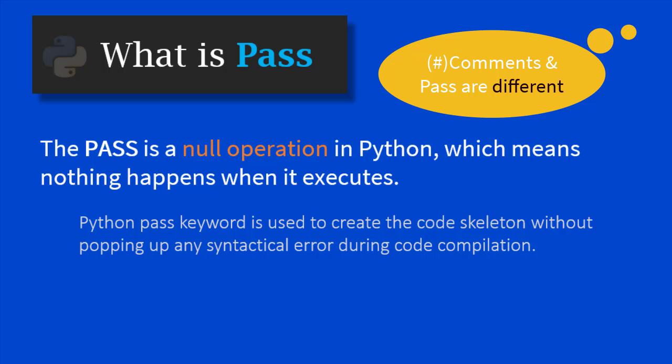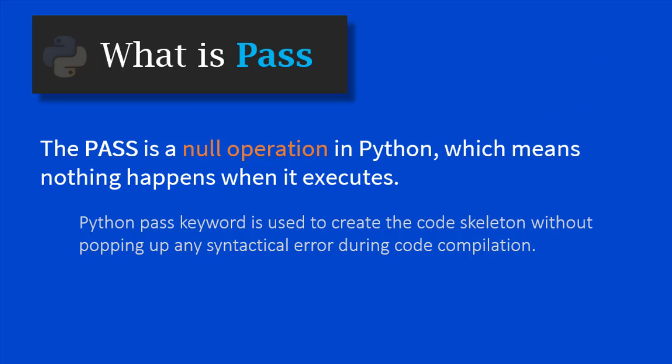When you put a hash and write something, it is just for the user or the programmer to understand the need for the implementation or some comment about a particular section of the code, which also doesn't get executed. But Python has provided a facility where you can use pass. If you say I can use a hash instead of pass, no, you can't. You will be able to understand this in the example section.